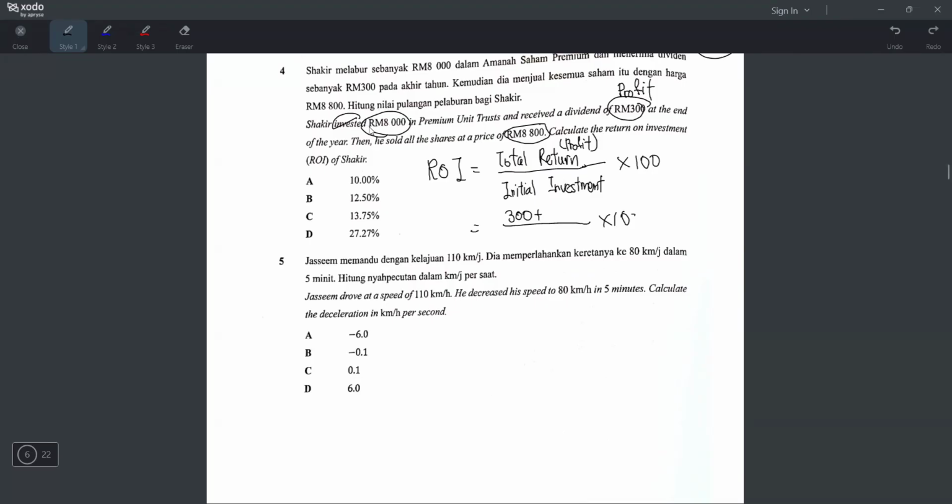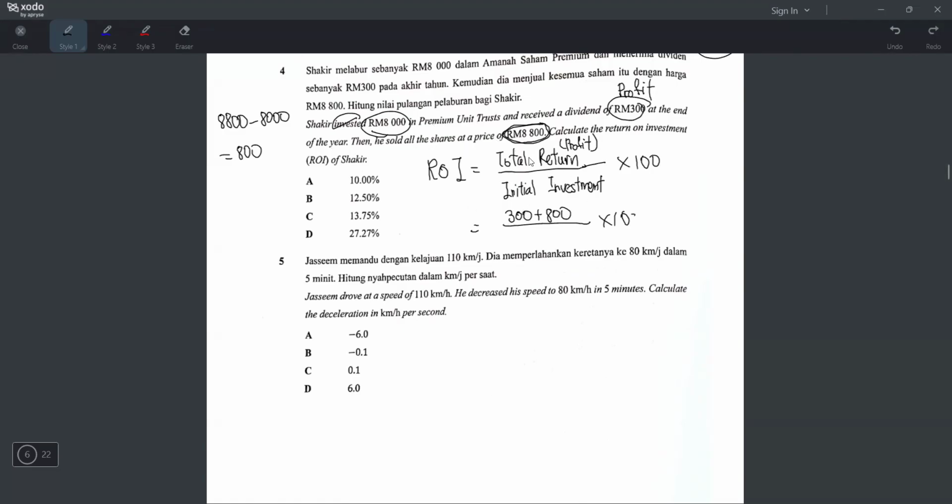So this is not the profit, right? But when he spent this amount, after 1 year he sold for 8,800. That means the profit is 800. And how you get it is you take 8,800 minus 8,000, and then you get 800. It means the profit he earned from selling after 1 year is 800, right?